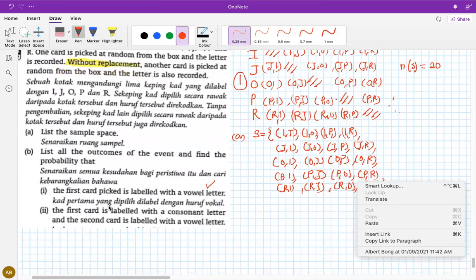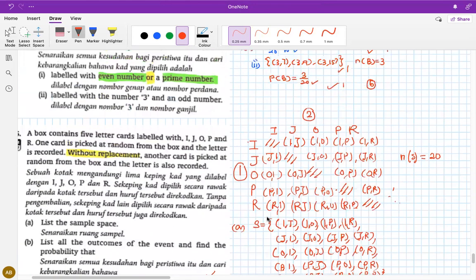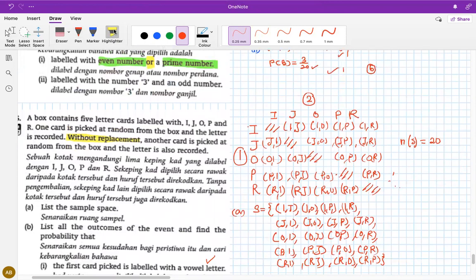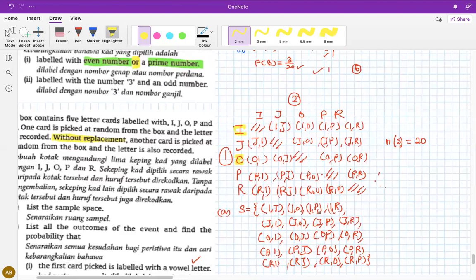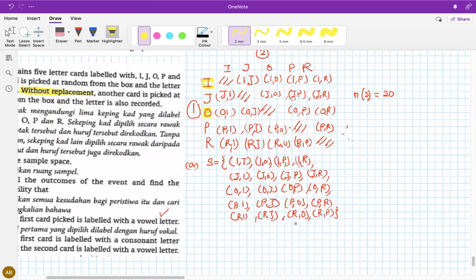Okay, so now B1. B1 is the first card is picked with a vowel. So the first card is a vowel. So what is a vowel here? Vowel is A, E, I, O, U. So it's I and O. So meaning that anything that starts with I, we will tag.